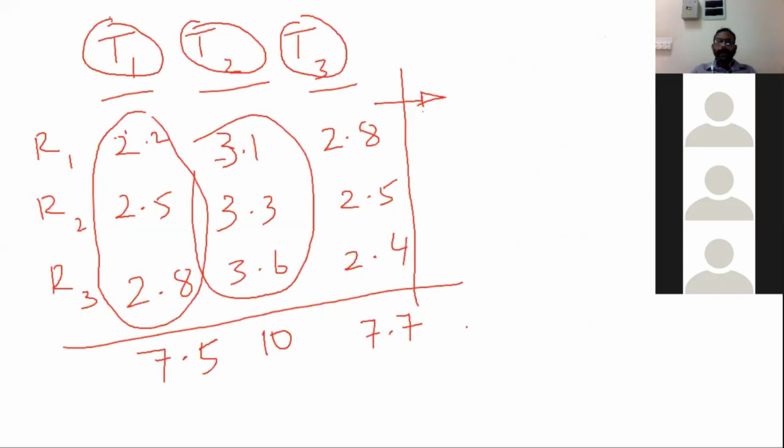Grand total squared by... Let's say treatment sum square is 71.85. So keep that in mind. Sorry, this is not treatment sum square. This is summation y i dot square divided by r.